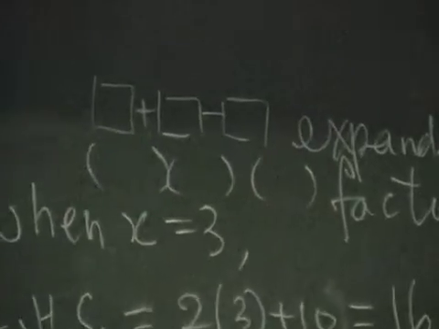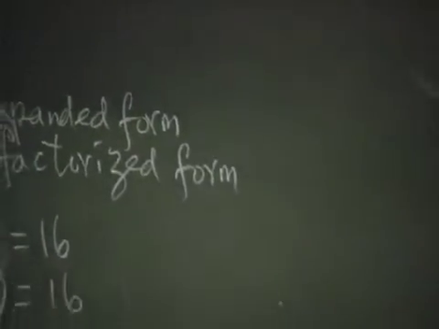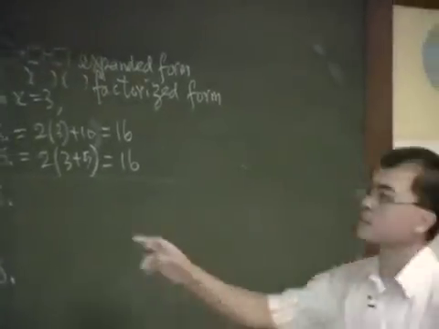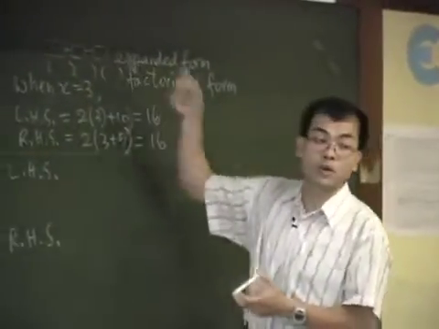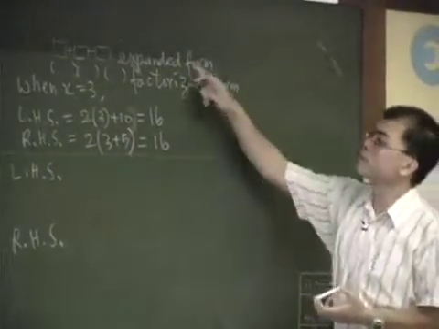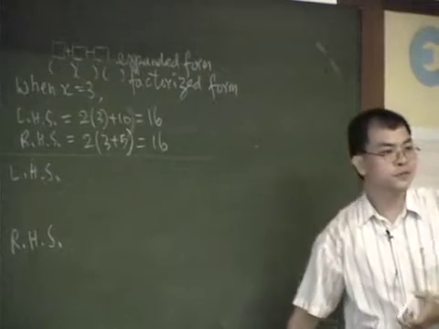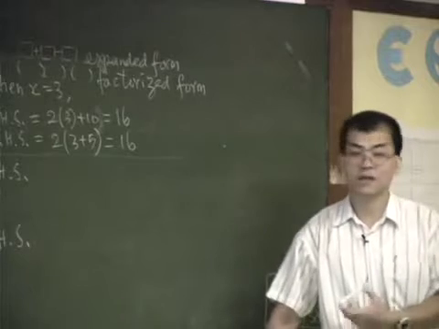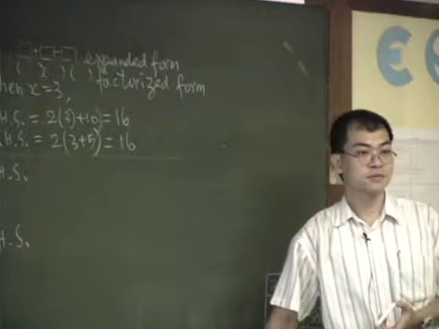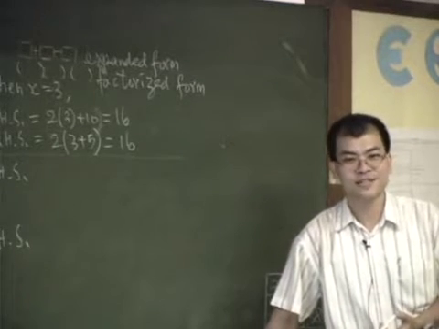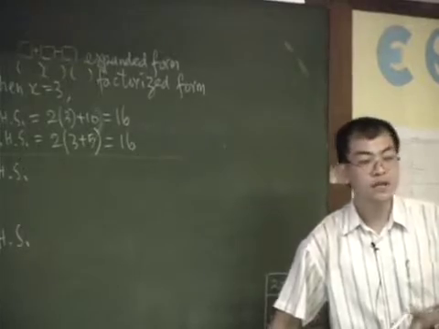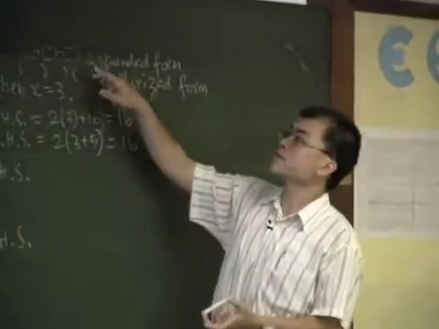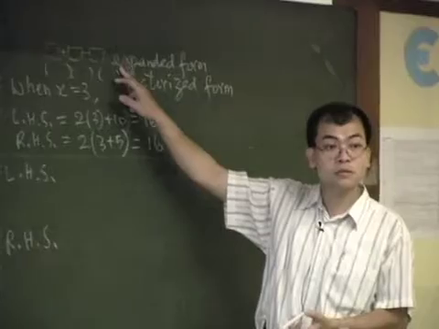You may express different expressions in expanded form or factorized form. Now we try to change them with the same kind of form. Which form is easier for you? Expanded form or factorized form? Some say expanded, some say factorized. In fact, if you want to find expanded form, what are you doing?